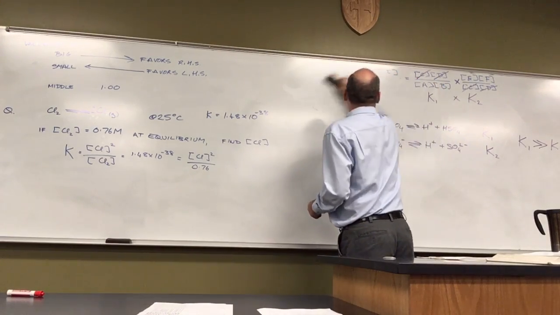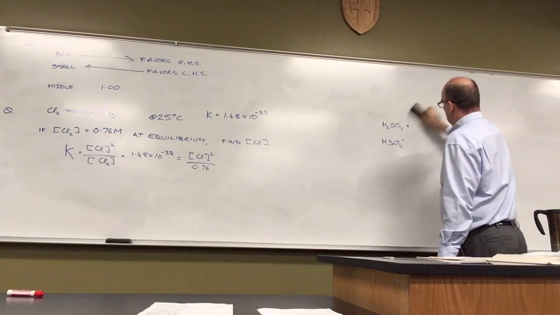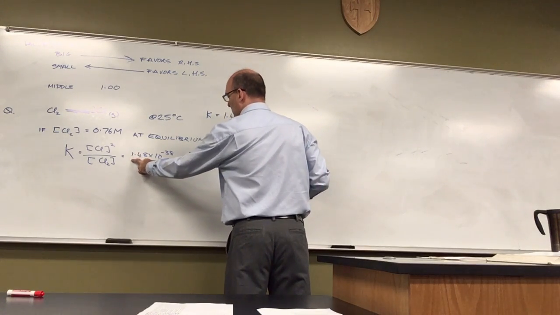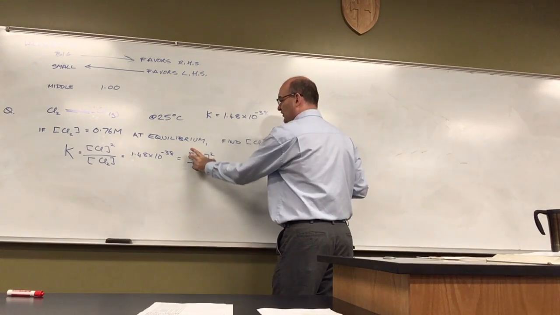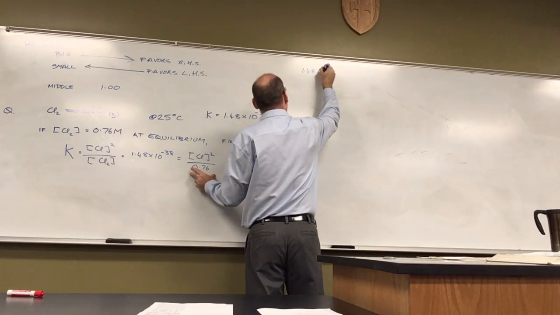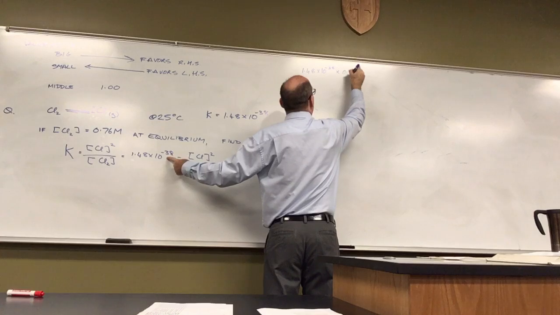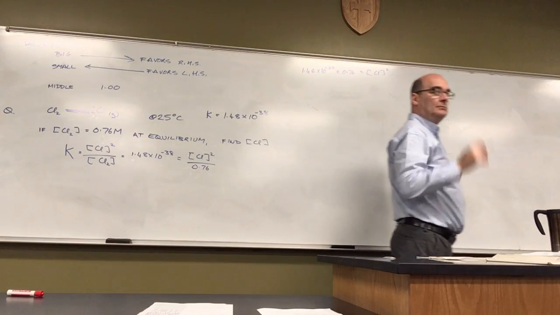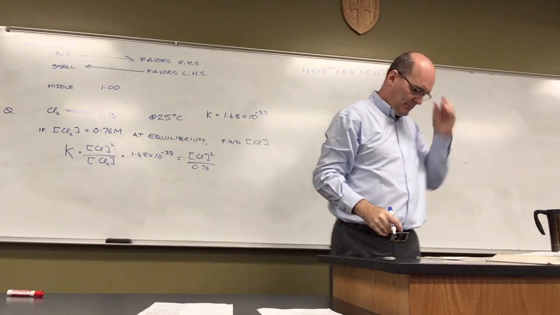So I have the value of K equals the square of the product concentration divided by 0.76. If I took my 1.48 times 10 to the negative 38 and multiplied it by 0.76, that would give me the concentration of the chlorines squared. So I've got to figure out what that number is.